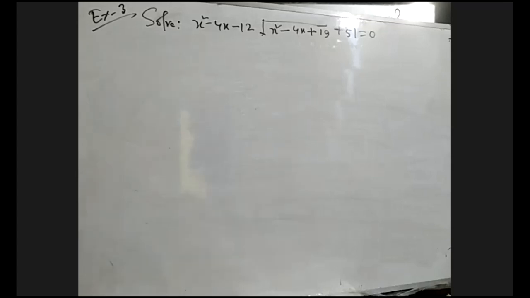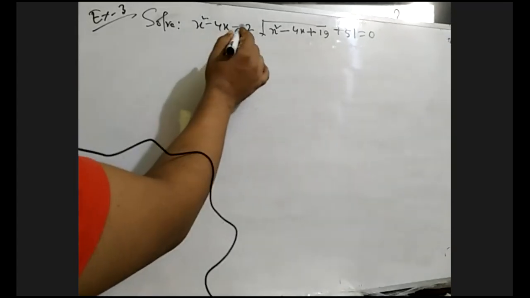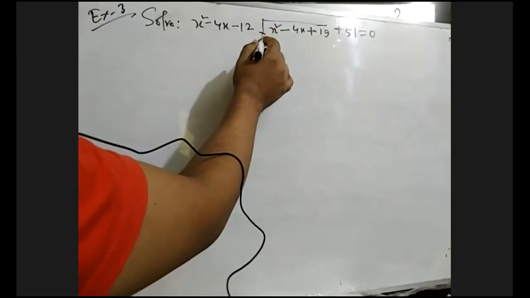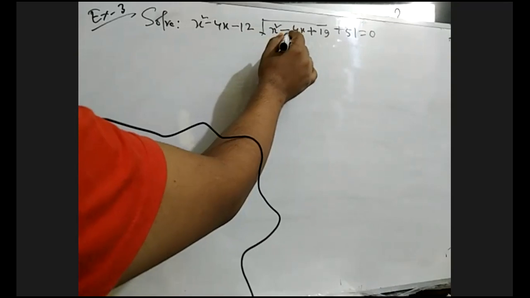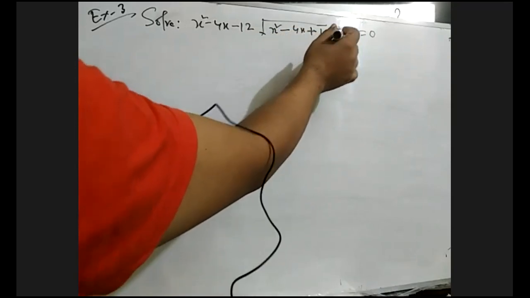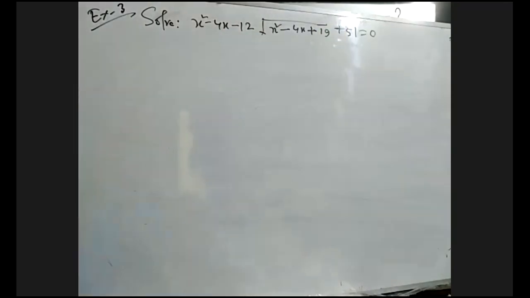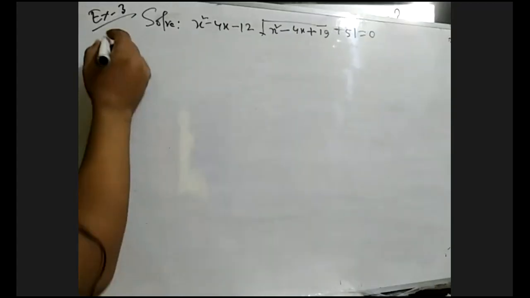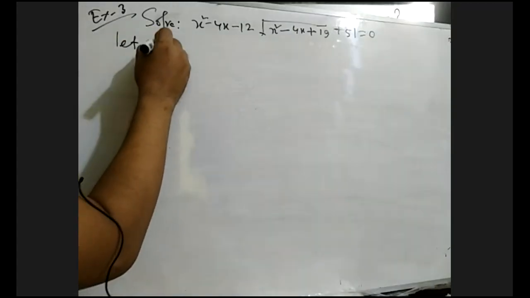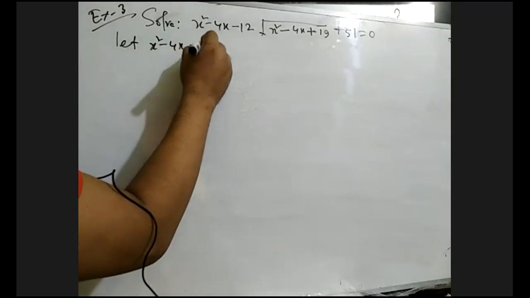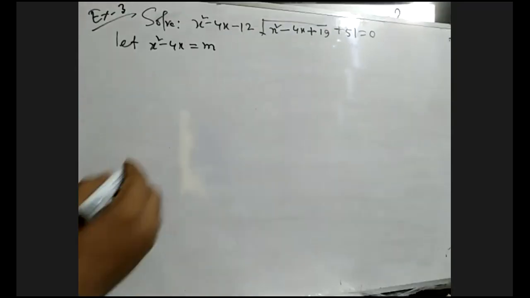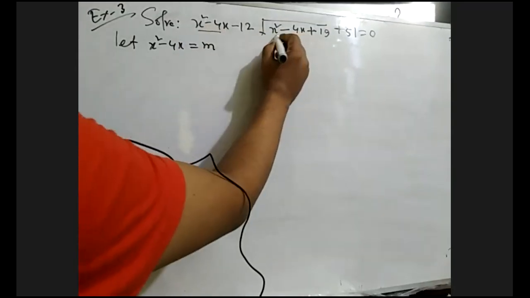Example 3: x square minus 4x minus 12 times square root of x square minus 4x plus 19, plus 51 equals 0. Now let x square minus 4x equals m.